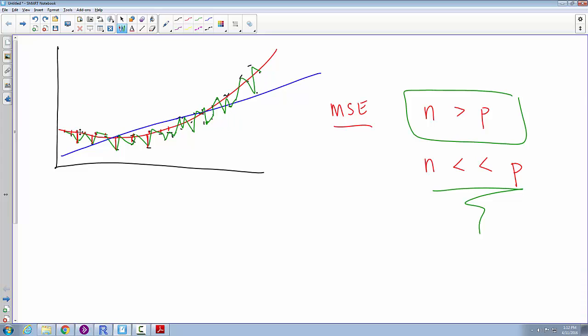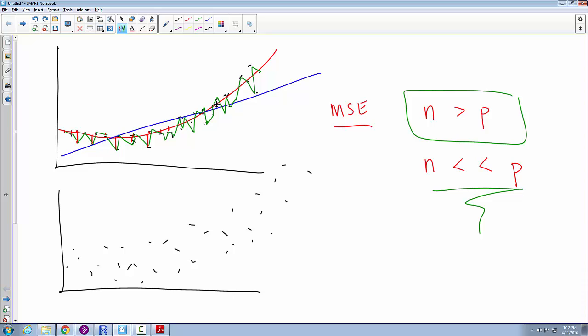Because say we picked the green curve. We fit the training data perfectly, but when we apply this to a new set of data, so here comes a new sample from the same population, and it's just a little different because it's a new random sample. So if we picked up the green curve and sat it on that sample, it's not going to interpolate anymore. Does that make sense?